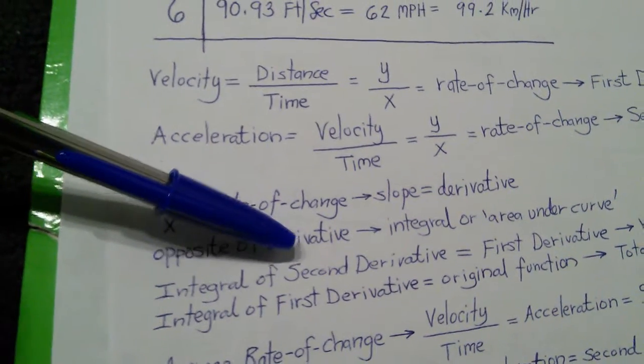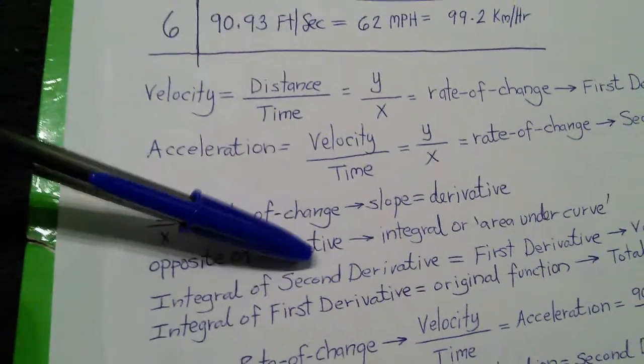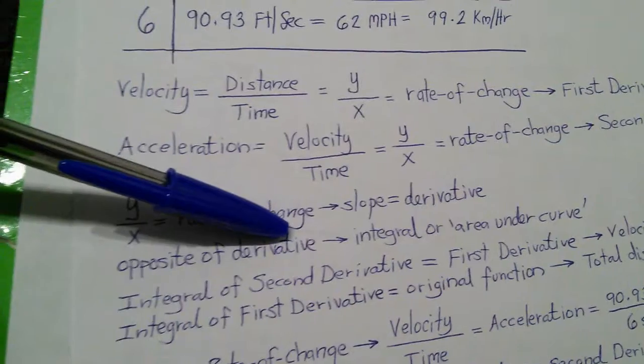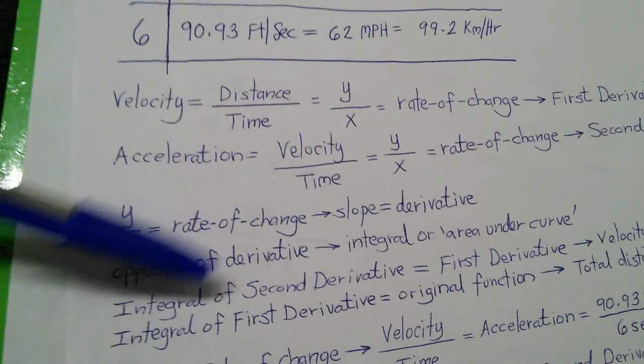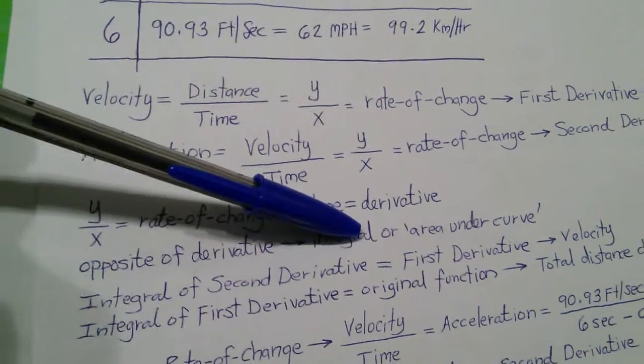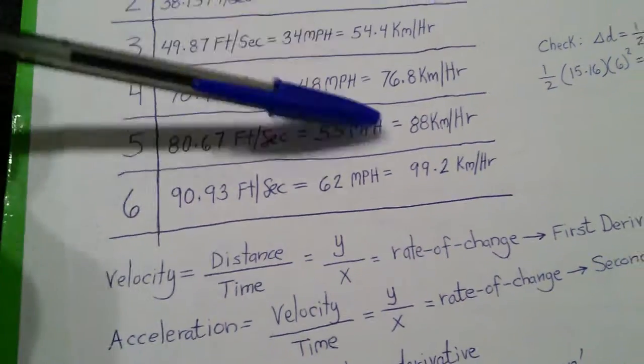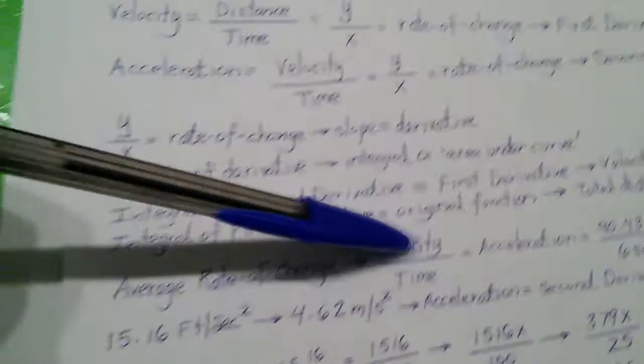So once you have something understood, you find the opposite. And this really allows you to find out a lot of information that is not known to exact certainty. So the opposite of a derivative is the integral, or if this was a graphed quadratic function, it would be the area under the curve.